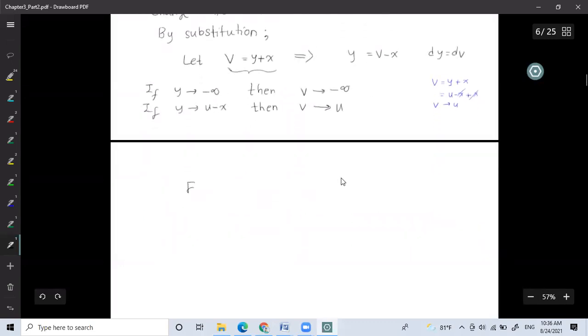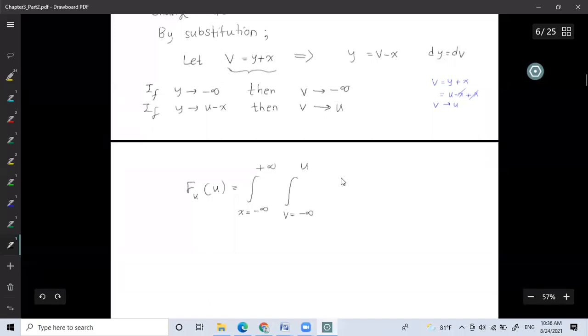So what will happen to our f of u? We haven't done anything to x, so it will remain from negative infinity up to plus infinity. Now instead of y, we are changing it to v. So our v will go from negative infinity up to u.